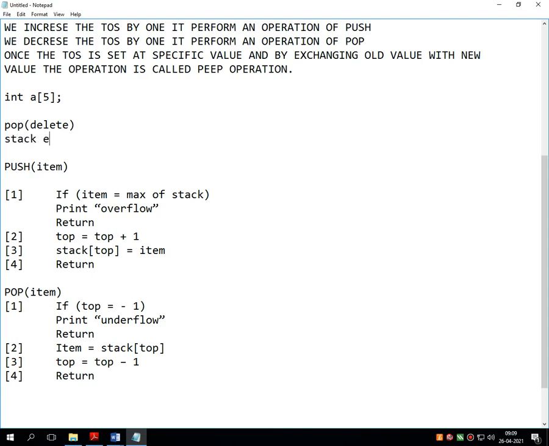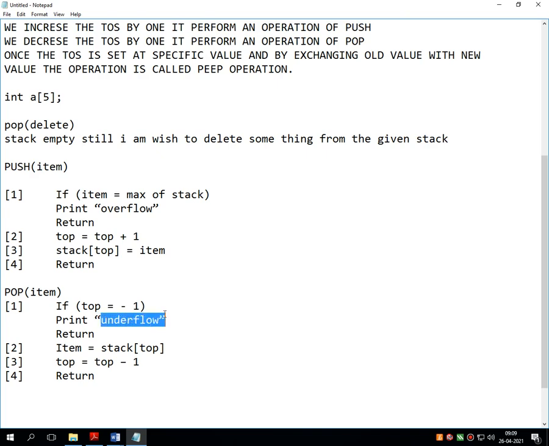My stack is empty, and still I wish to delete something from the given stack. At that particular time, it shows an error message. That error message is the error message of underflow.